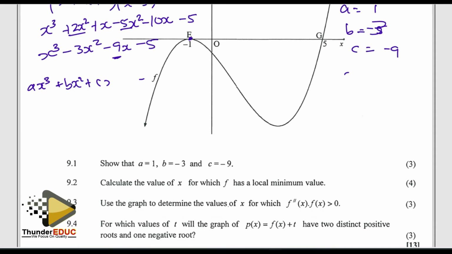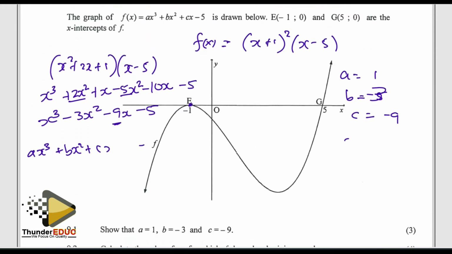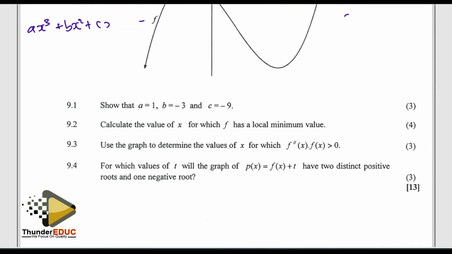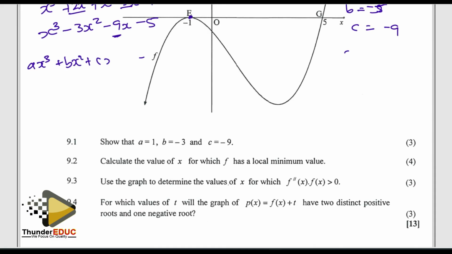Then calculate the value of x for which f has a local minimum. When you talk of a local minimum, they're focusing on the turning point. So I'll need to get the first derivative: 3x squared minus 6x minus 9 is equal to 0.